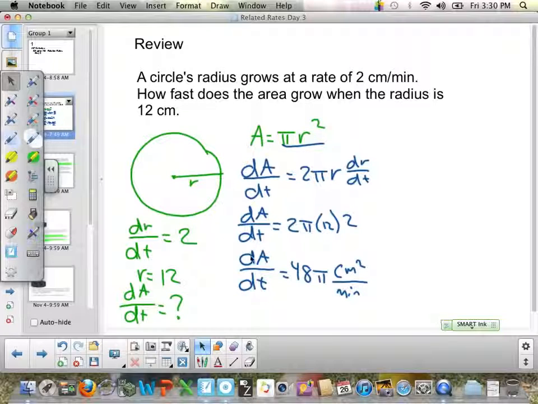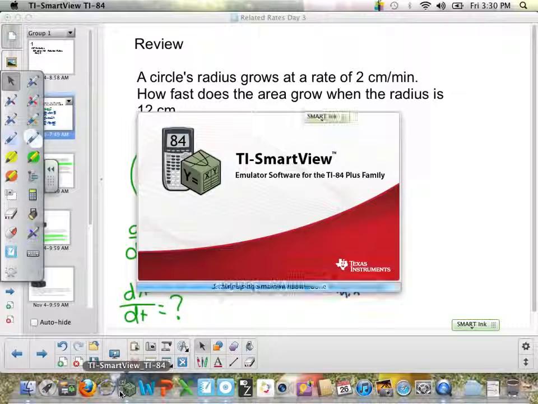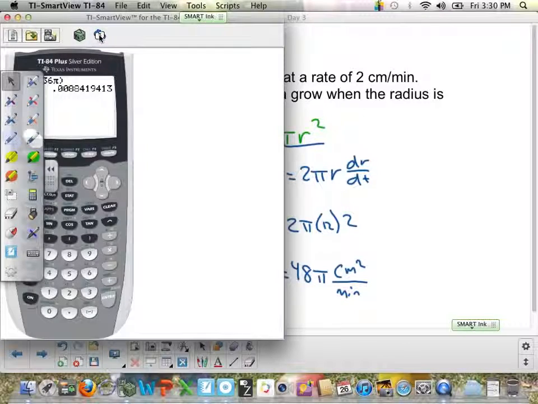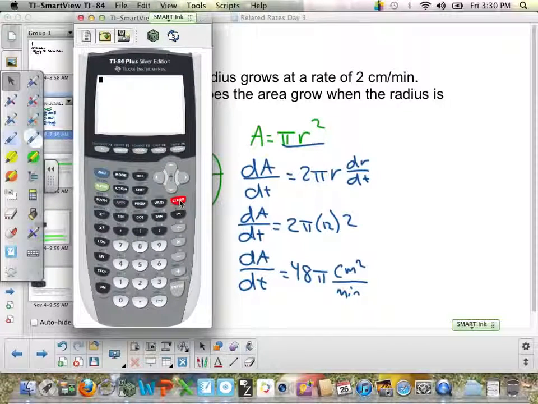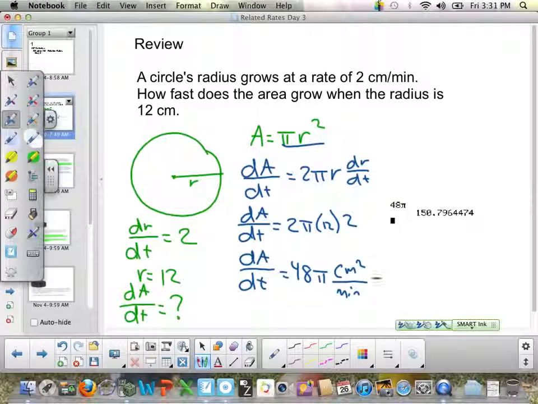And if you want to go a little bit further, we can calculate 48 pi out. 48 pi is approximately 150.796 square centimeters per minute.